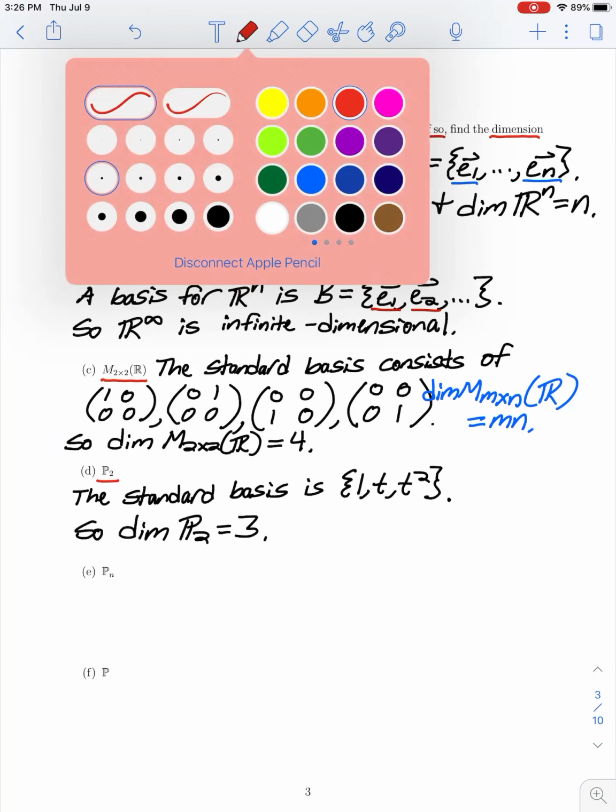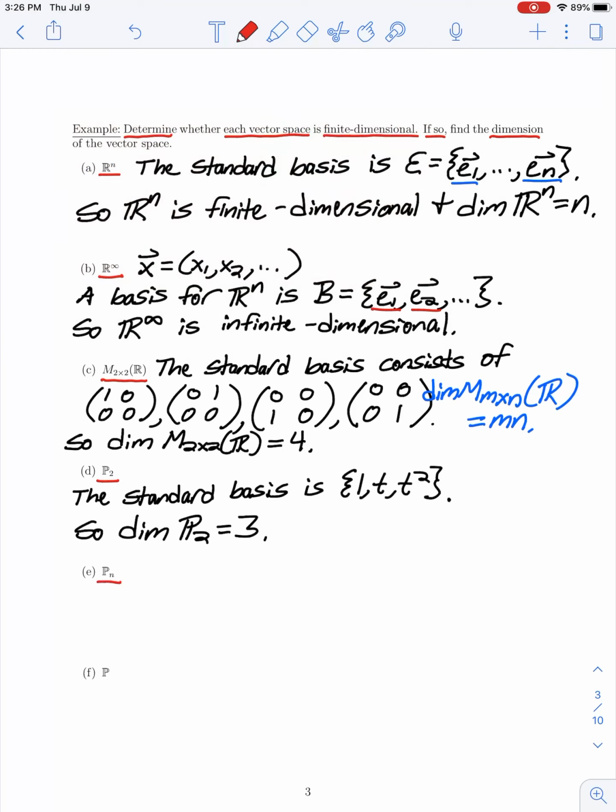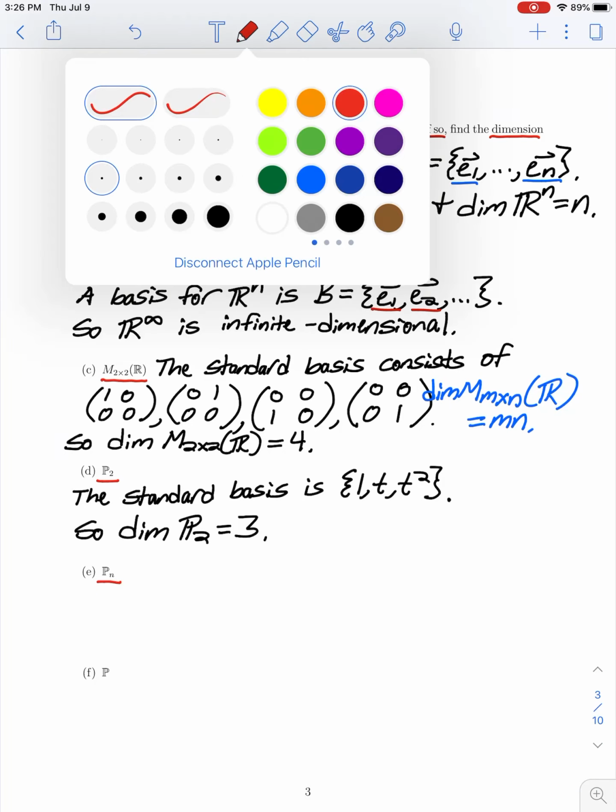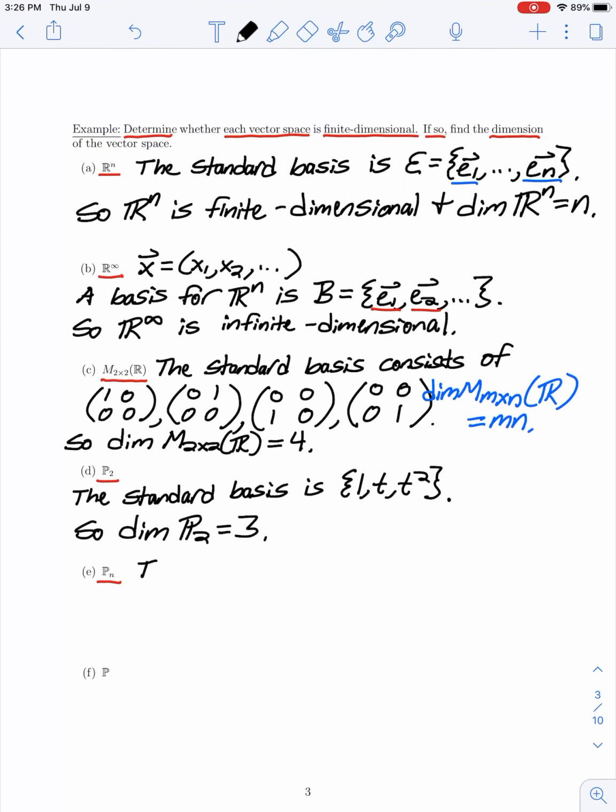So a little more generally, let's say in part E we have the vector space of polynomials of degree at most n. Well, the standard basis for this space would be the set 1, t, t squared, and so on, up through t to the nth power.